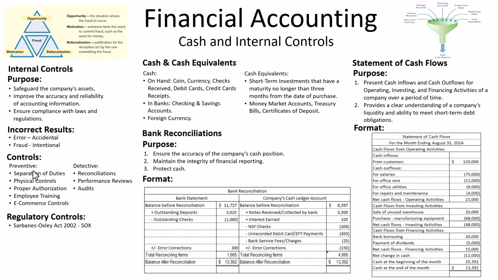These controls are designed to prevent fraud from occurring. Detective controls include reconciliations like the bank reconciliation you'll learn about, performance reviews, and audits. Both preventative and detective controls are designed to minimize the risk of fraud.